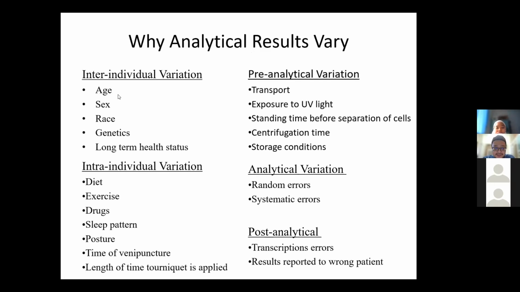So clinical variation ada dua, inter-individual variation and intra-individual variation. So in terms of the inter-individual variation, it could be because of differences in the age. So imagine you are in the hospital, you are in the lab, you are running 100 of samples.